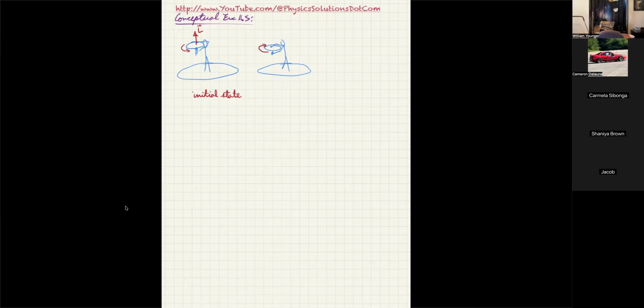Only now this thing has the angular momentum that it had before, only it's green because it's pointing a different direction. So that's just the angular momentum of the wheel, but it has to be equal to the total angular momentum of the system. The total angular momentum of the system still has to be equal to the original angular momentum of the wheel. So this is our final state.